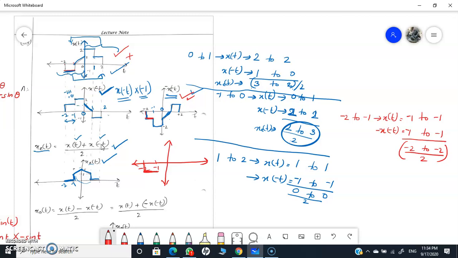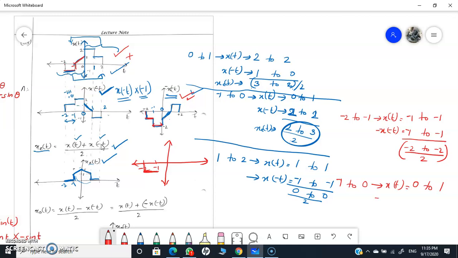Then the next interval is from minus 1 to 0. From minus 1 to 0, my x of t is varying from where to where? It is varying from 0 to 1. So this is the portion corresponding to that. Then what happens in the same interval for minus of x of minus t?